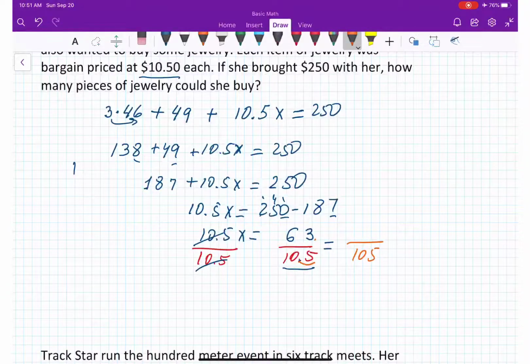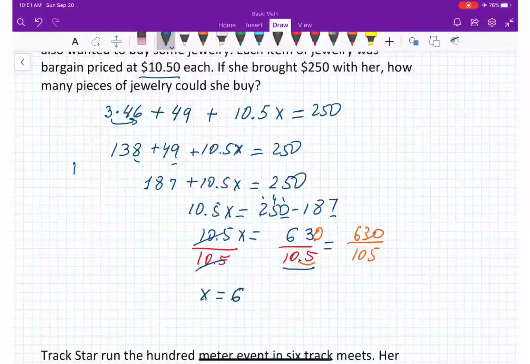Accordingly, here is 63, decimal is here. Adding 1 more point, it's going to be 630. And x is equal to 630 divided by 105, which is going to be equal to 6. Okay. Next question.